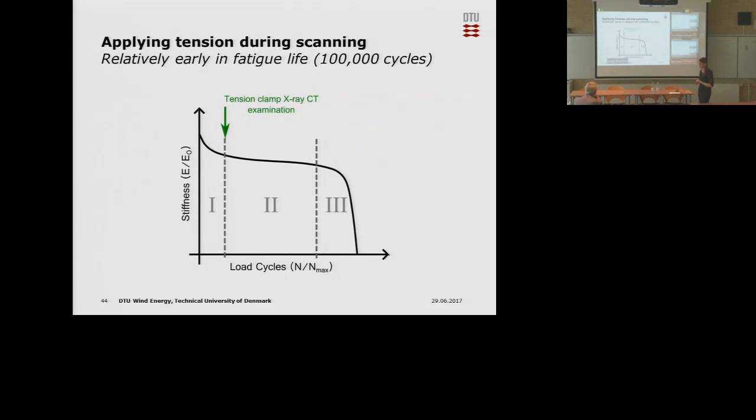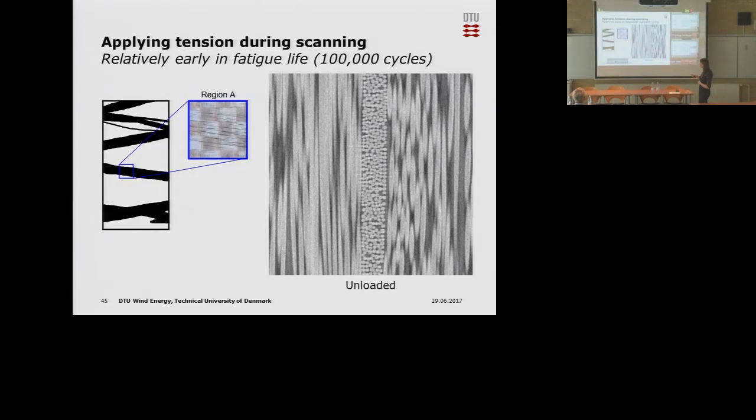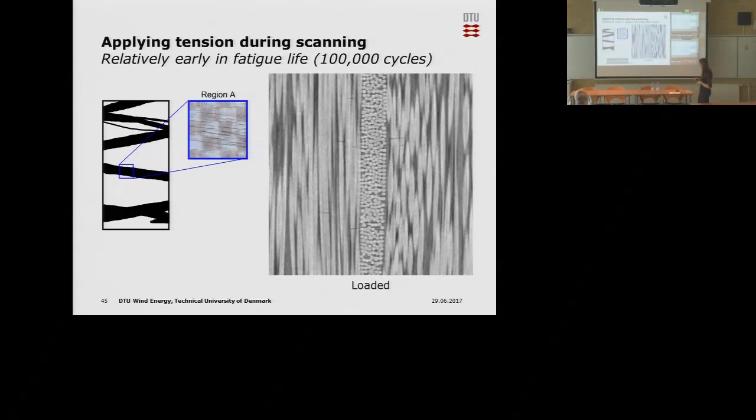I also did some tension fatigue experiments here, first in the initial part of the fatigue life. And here is an example of a region where there's only one backing layer. That's where previously I didn't see any damage when studying this. But now, if we apply load here, there's actually quite a lot of fiber fractures that appear.